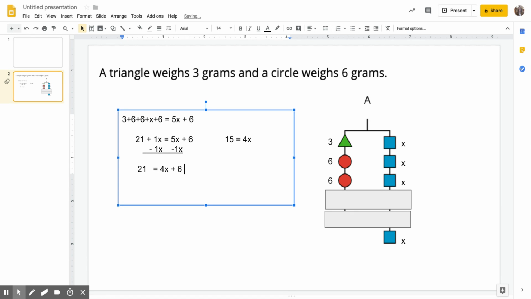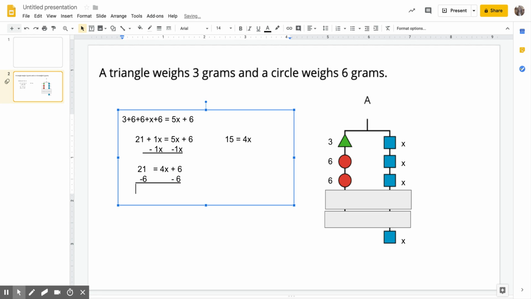Well, now I remember from 7th grade, I have a two-step equation, so I can subtract the 6 from both sides. And then I end up with 21 minus 6, which is 15, which is what I found over here by adding up my circles and my triangle.